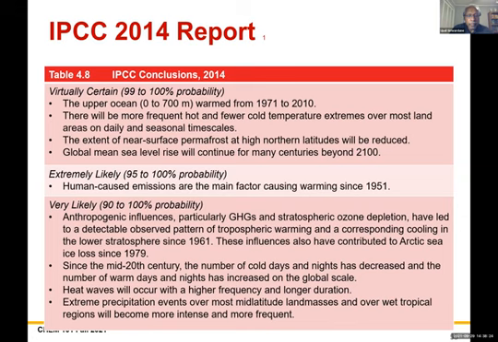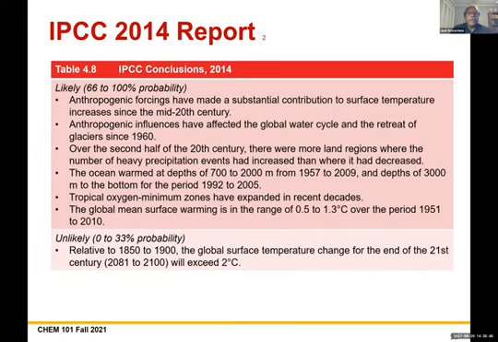Extreme precipitation over most mid-latitude landmass and over tropical regions will become more intense and more frequent. There are going to be a lot of rain in the tropical regions. Turbulent weather.